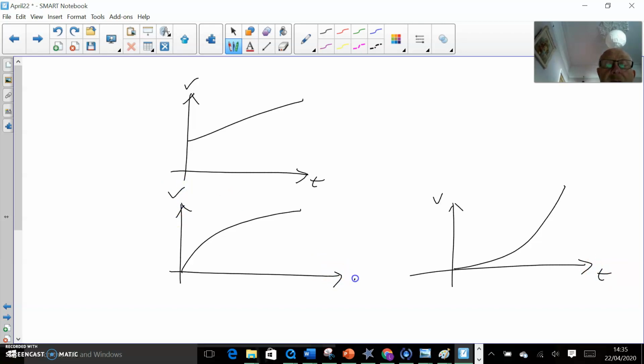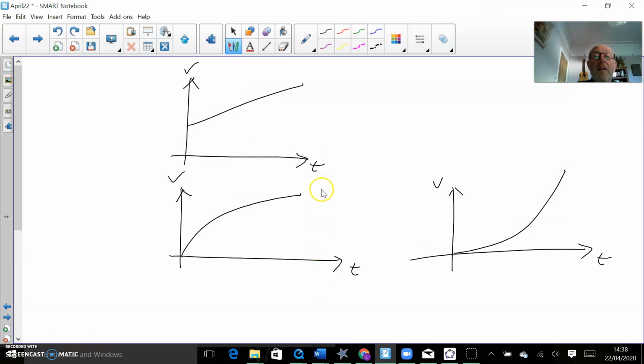Here on this one, we can see that the velocity is increasing, but the rate of increase slows down, so it will be approaching a constant speed, perhaps. On the other hand, on this one, both have increasing velocities, but this time the acceleration is also increasing. The rate of change of velocity is increasing as well.